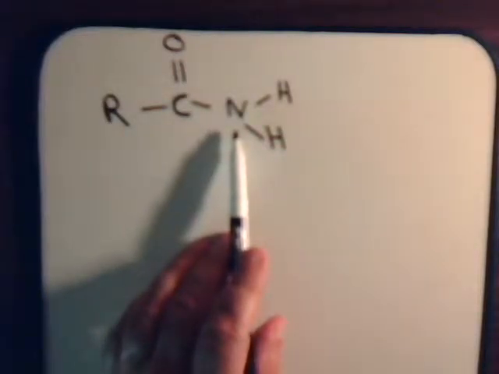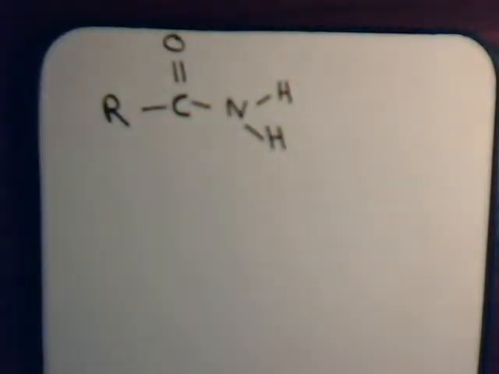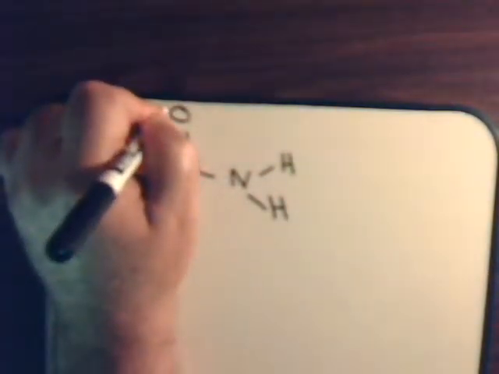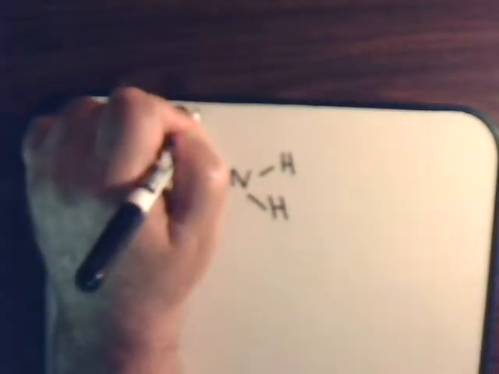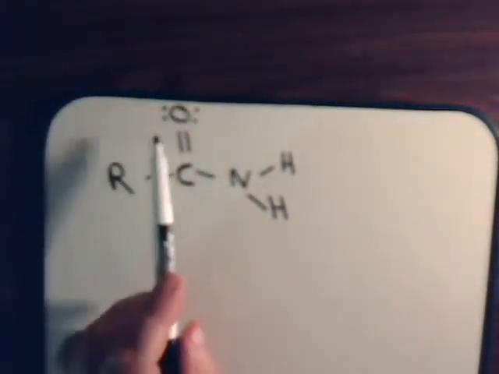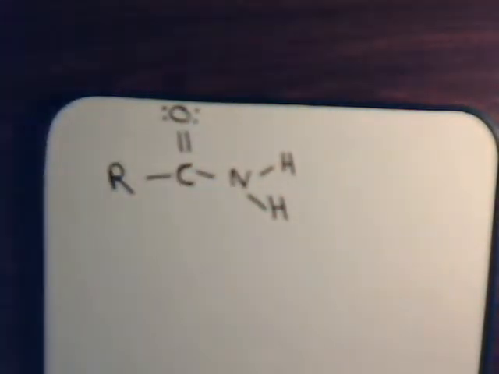Now remember from video 8, the carbonyl oxygen, this too is sp2 hybridized, and this has 2 unshared pair of electrons. And as you saw in video 8, these are sp2 electrons.